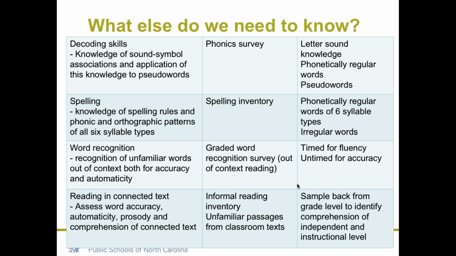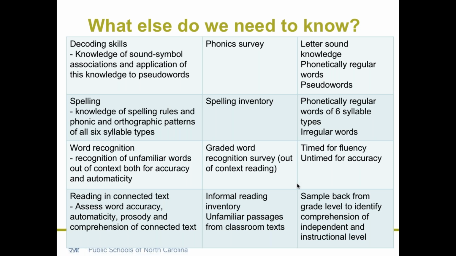We would want to look at word recognition, his ability to recognize unfamiliar words out of context, both for accuracy and automaticity. So we might use a graded word recognition survey, looking at both timed reading of those words for fluency, as well as untimed for accuracy.